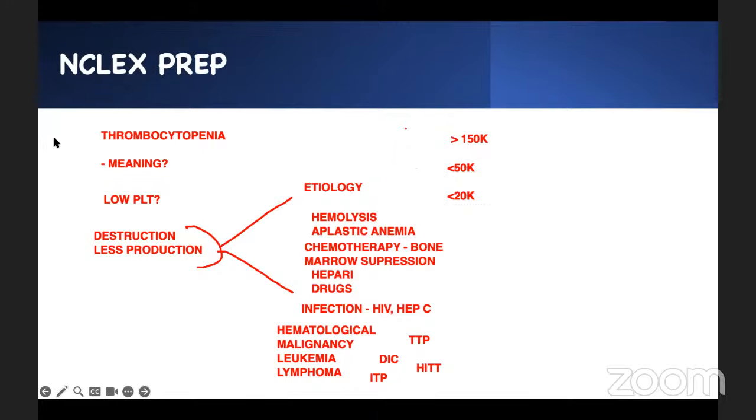Which of these will cause spontaneous bleeding? 1, 2, 3. Which of this will cause spontaneous bleeding in a patient? Less than 20,000 will cause spontaneous bleeding. And less than 50,000 is significant bleeding from trauma. So we're setting the stage now. I like that. Right. Excellent.